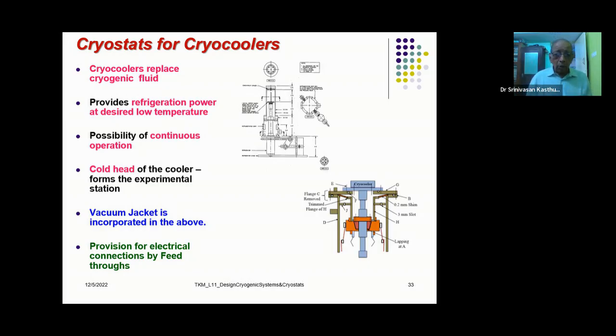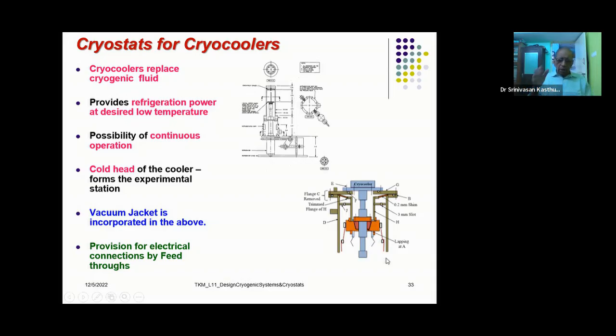Now, you can see here, for example, a cryocooler mounted. This is the second stage, and the first stage is connected and will serve as a radiation shield in this case. The room temperature zones of the cryocooler are connected to the appropriate piping and cables, etc. And you have a vacuum jacket surrounding this.